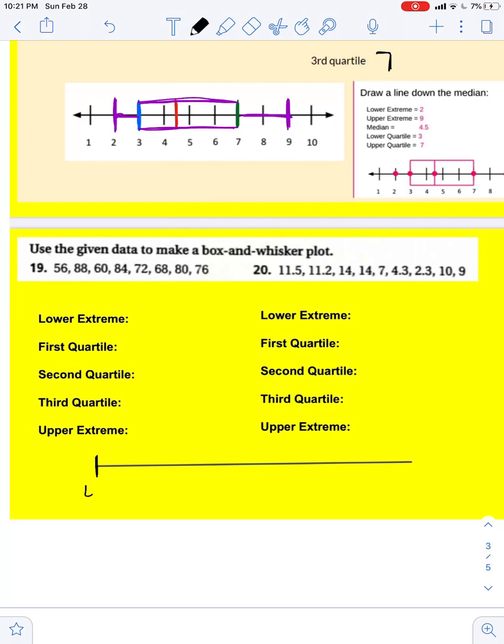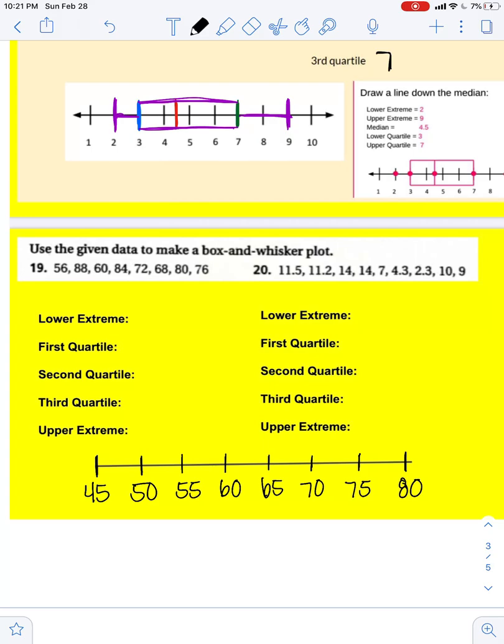So I'm going to start at 45, 50, 55, 60, 65, 70, 75, and we will end it at 80.